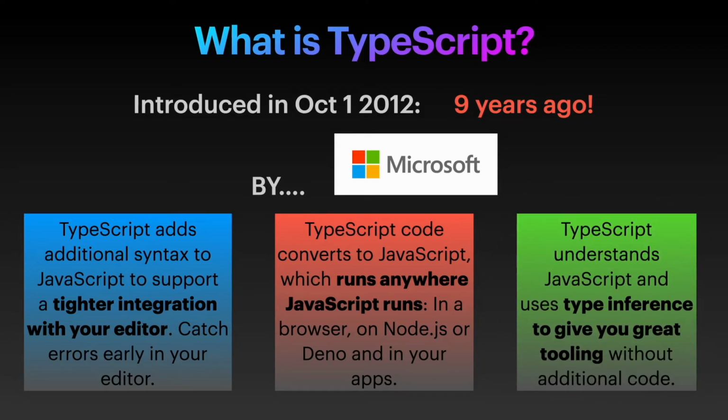And lastly, TypeScript understands JavaScript and uses type inference to give you great tooling without additional code. Now, these three elements work closely together to help us improve our experience in JavaScript and in TypeScript as well.